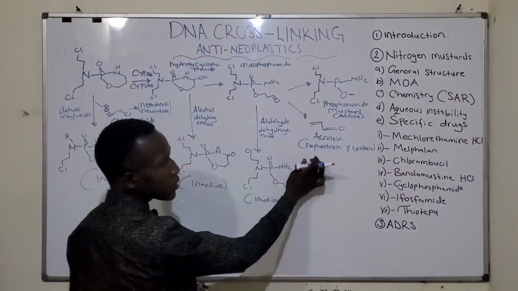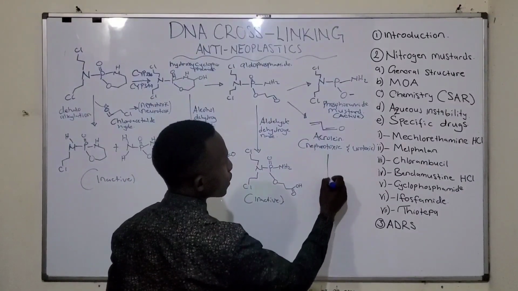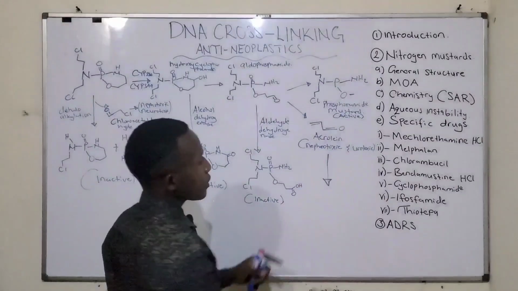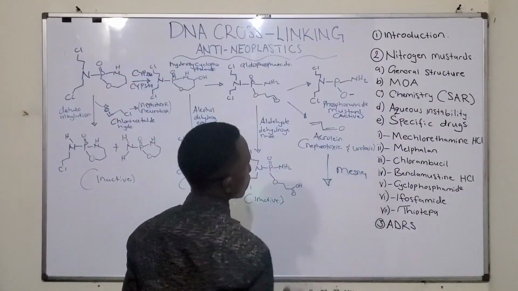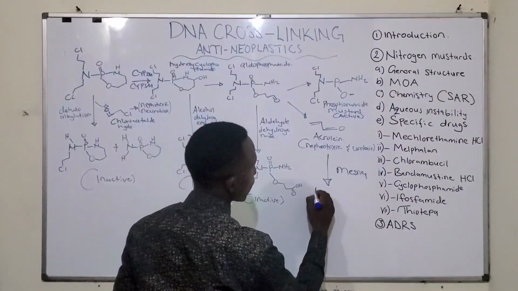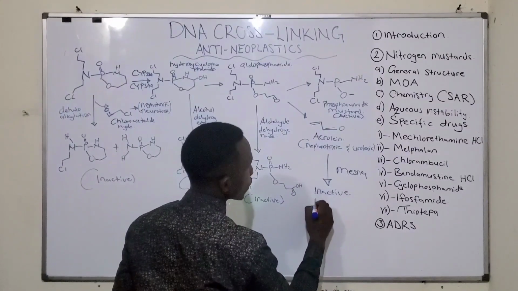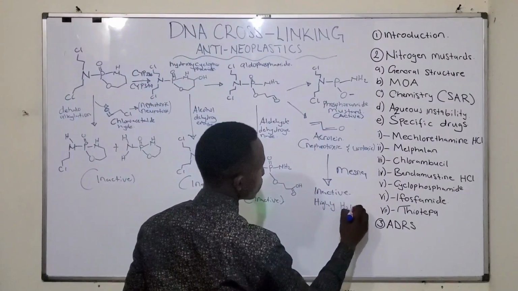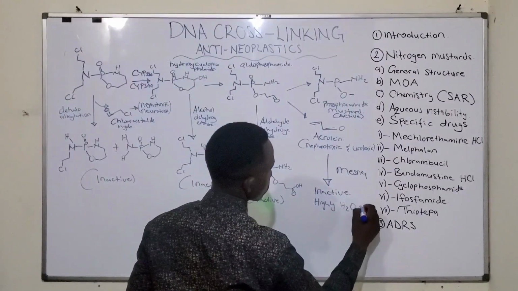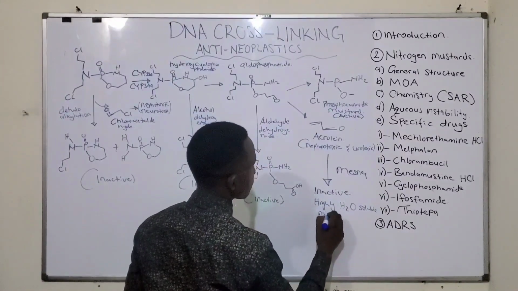Now, this acrolein, it is nephrotoxic and urotoxic. This can be counteracted by the mesna. In presence of mesna, we can form an inactive, highly water soluble metabolite.